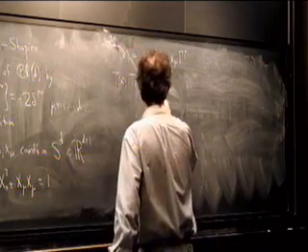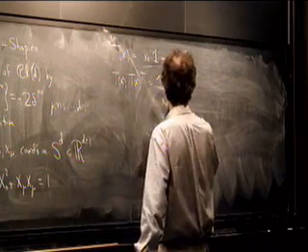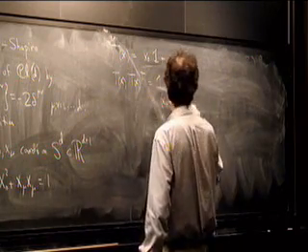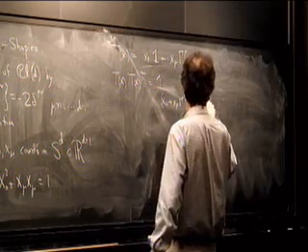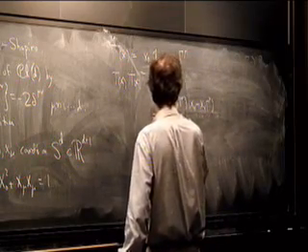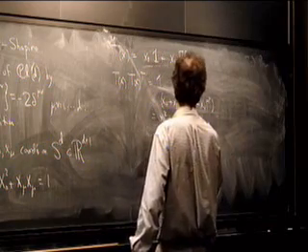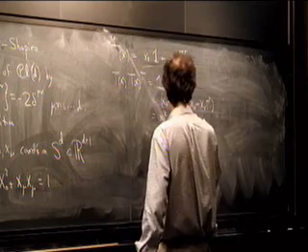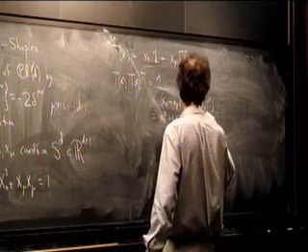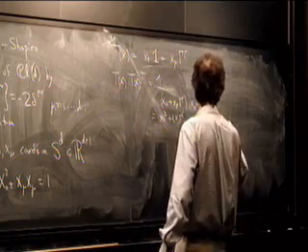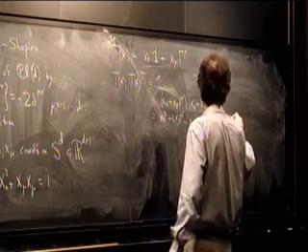So that's x naught plus x mu gamma mu. Now I take the Hermitian conjugate, these are anti-Hermitian, so this is x naught minus x mu gamma mu. So this is x naught squared plus x dot gamma minus x naught times x dot gamma minus x dot gamma, minus x mu gamma mu x nu gamma nu.